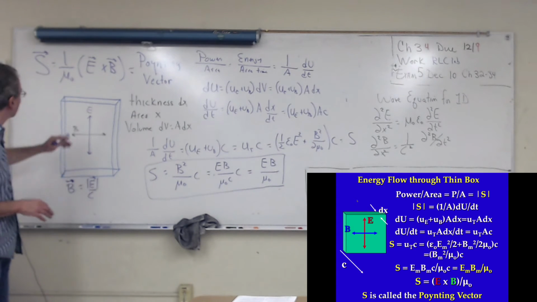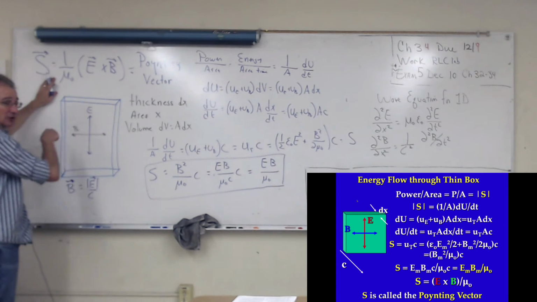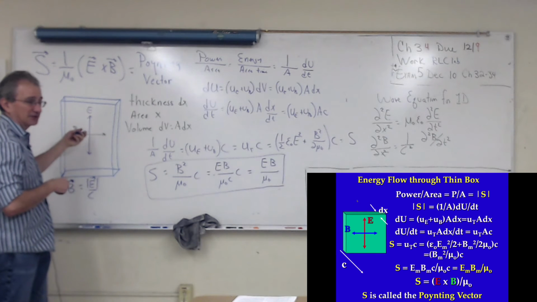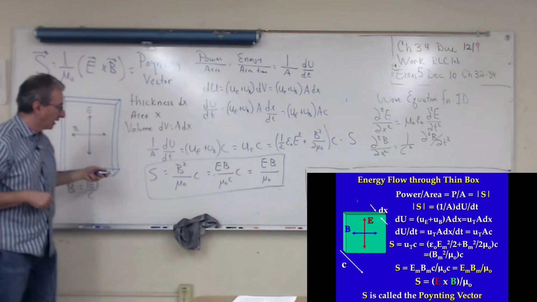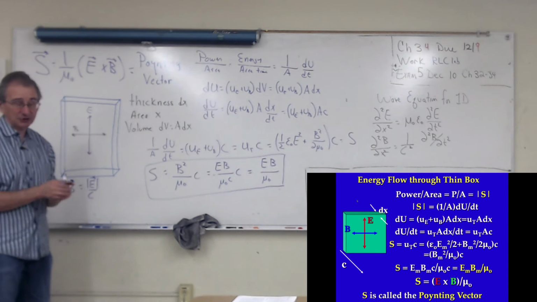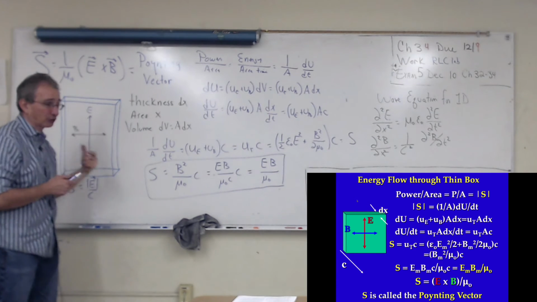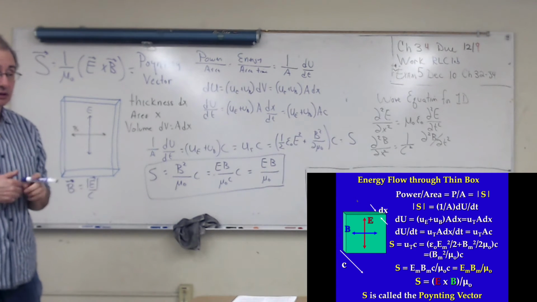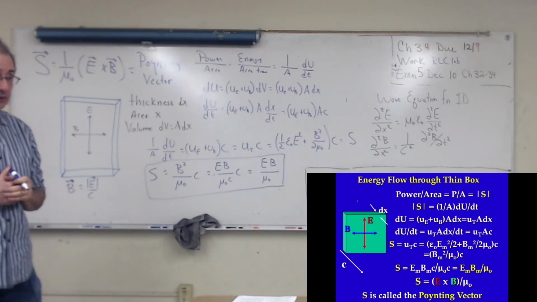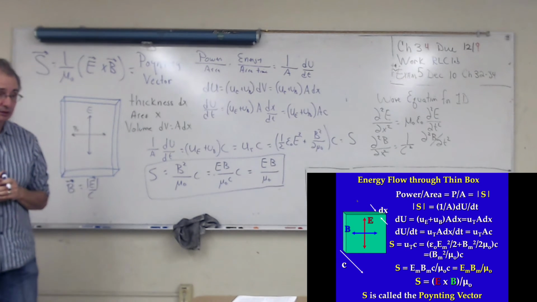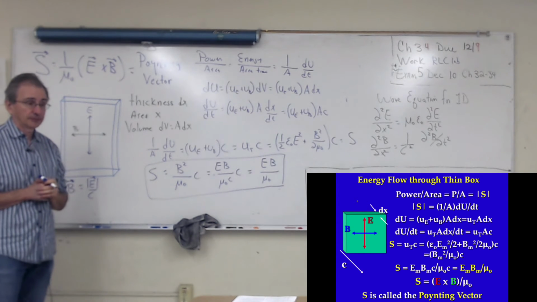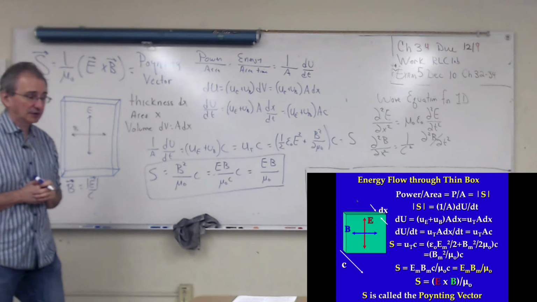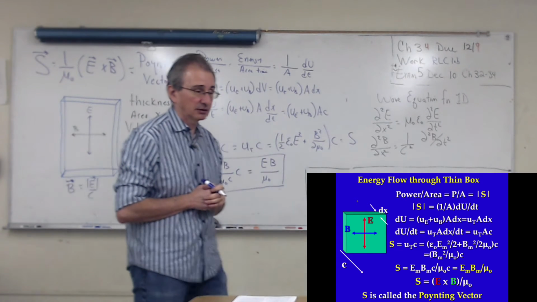If I take the dot product of this vector with the normal to the surface, which is going to be, in this case, the direction of travel of the wave, I get the magnitude of that vector. I also get the energy flow that's coming through each surface. This is the Poynting vector, and this allows us to look at the flow of energy.